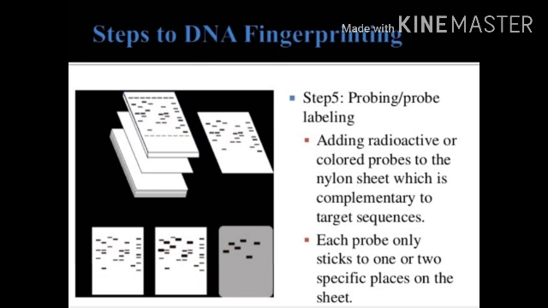In the next step, probing or probe labeling, we hybridize the fragments using the labeled VNTR probe. I told you what VNTR is, variable number of tandem repeats. Here we add a radioactive or colored probe to the nylon sheet, which is complementary to the target sequence. Each probe only sticks to one or two specific places on the sheet.